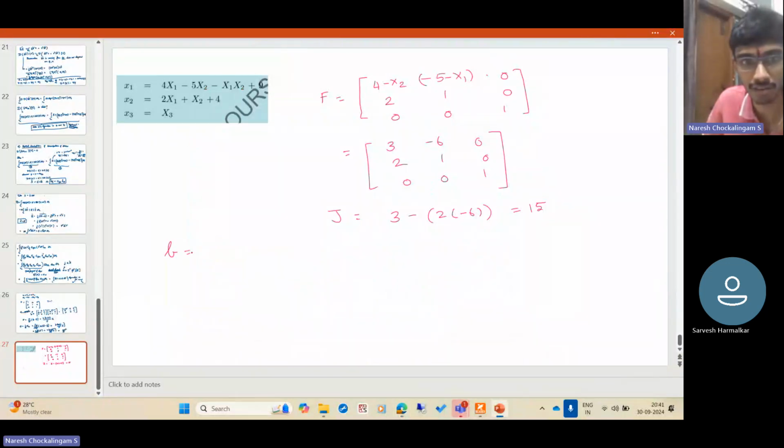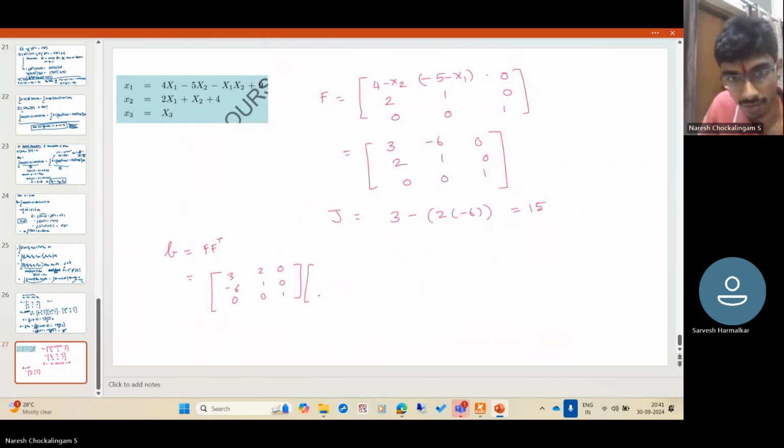We need B, which is F F transpose. F F transpose is 3, minus 6, 0; 2, 1, 0; 0, 0, 1 times its transpose. So it is 3 square plus 6 square, which is 45... then 6 minus 6, then 0.